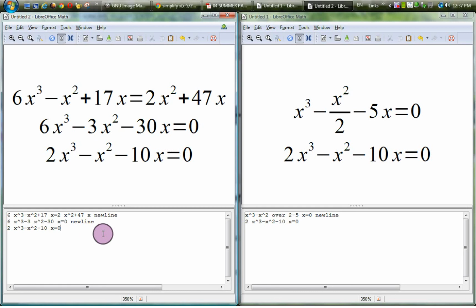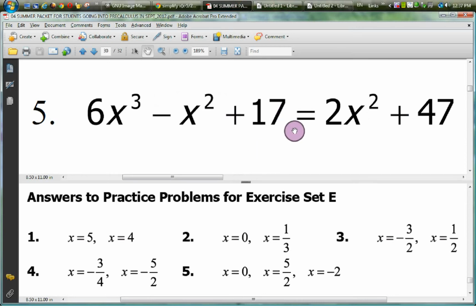So I'm just guessing that whoever made this packet forgot to put the x here and another x here, because had those x's been there, this equation would have solved to these answers. So probably the person who was typing this in was manually typing off another sheet of paper and just missed those x's.